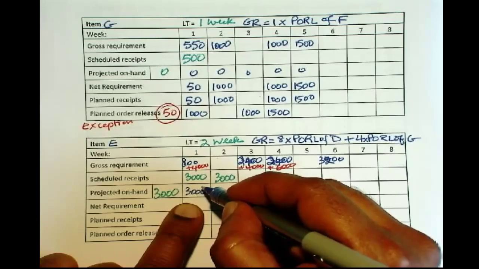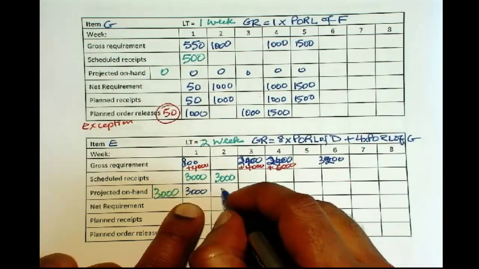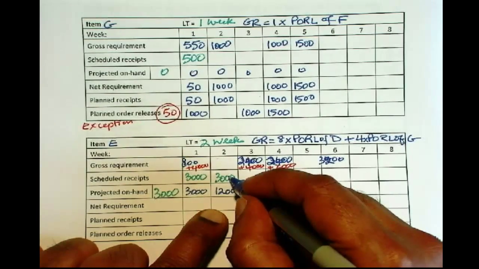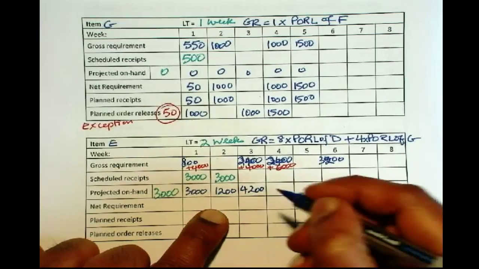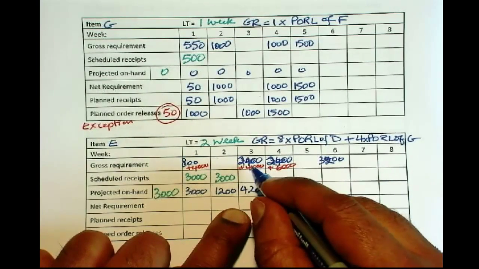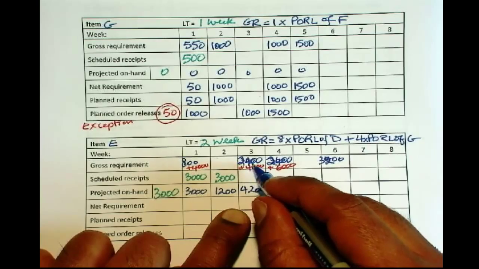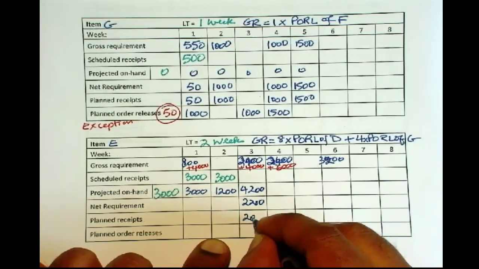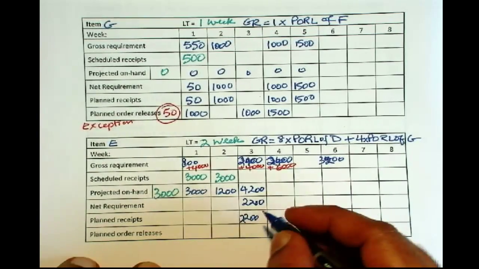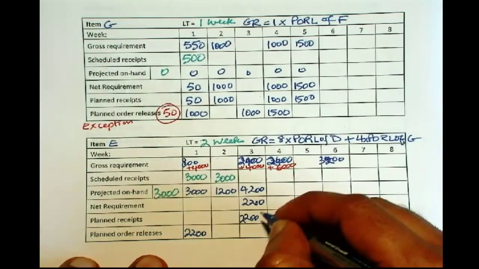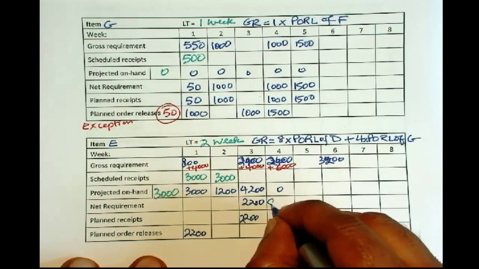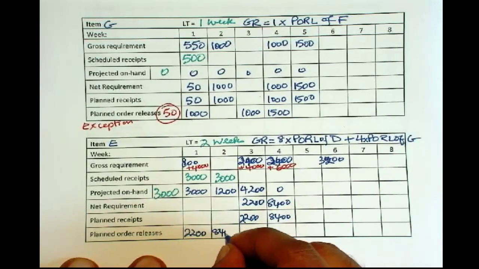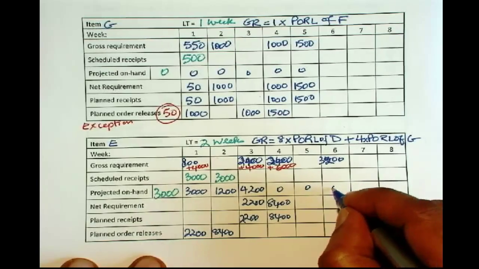Take away 4,800, so you're left with 1,200. 1,200 plus 3,000, so you get 4,200. 6,400 minus 4,200 will give you 2,200. 2,200 must be made available, 2 weeks lead time, and 8,400 is the requirement for that, and then 3,200.